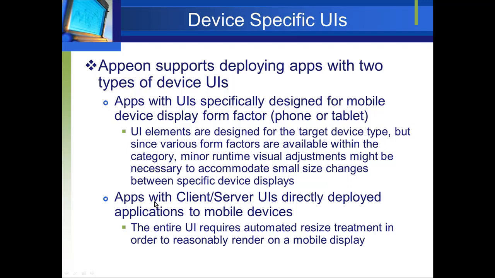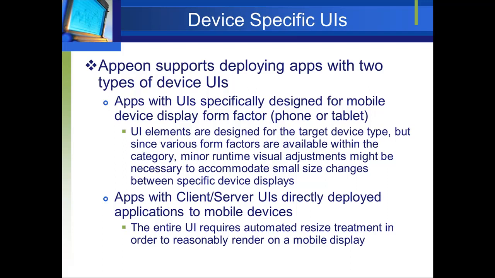Now, sometimes you might take an application with a client-server UI and directly deploy it to a mobile device, in which case it might behoove you to do some UI resizing automatically, to treat the UI in a way that it'll fit onto the device. What I mean by that is that some older PowerBuilder applications, and even current ones, are designed for smaller screen sizes, like Super VGA, 1024 by 768.